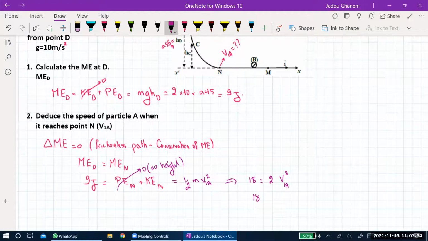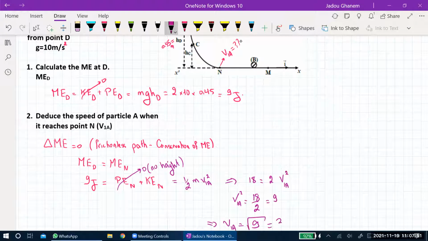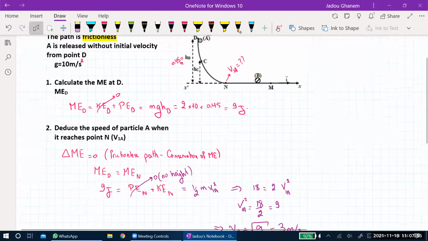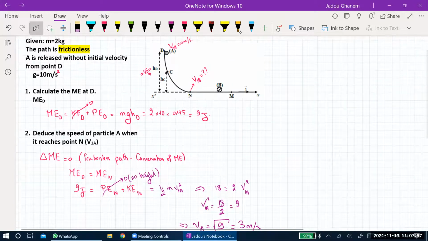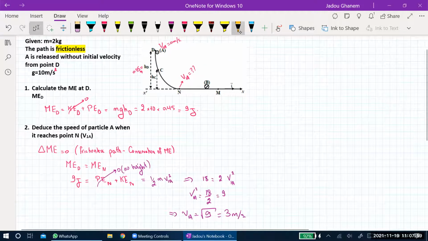So it's 18 over 2, 9. And finally, the square root equals 3 meters per second. I'll wait a little bit for you to check the answer. If there is any question, inform me about that before we write the third question.